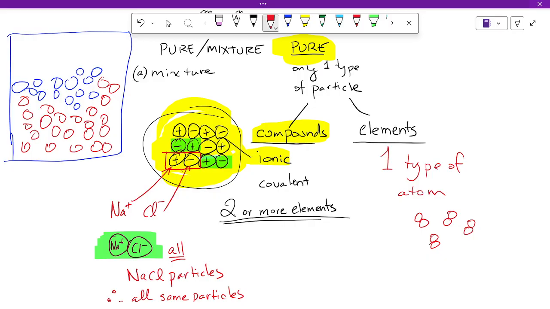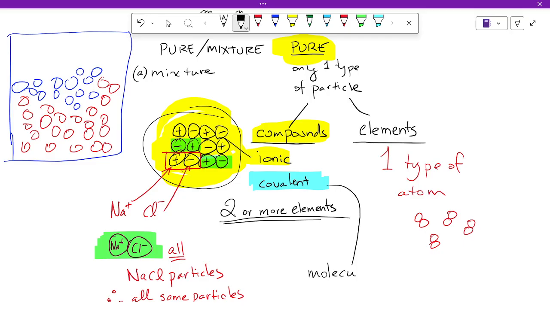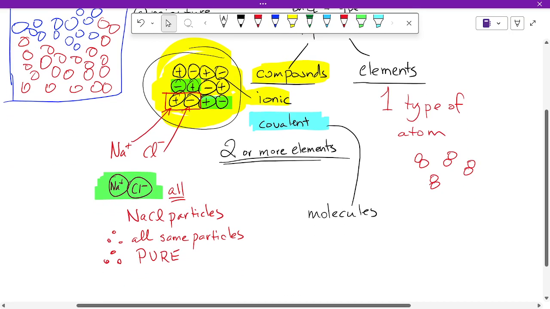What do covalent compounds look like? They aren't crystal lattices. Covalent compounds, what do they look like? Yes. Molecules. They share their electrons.